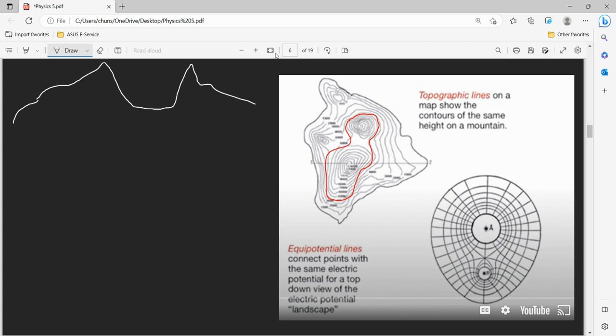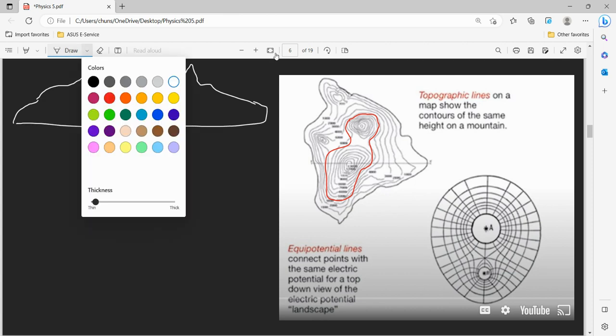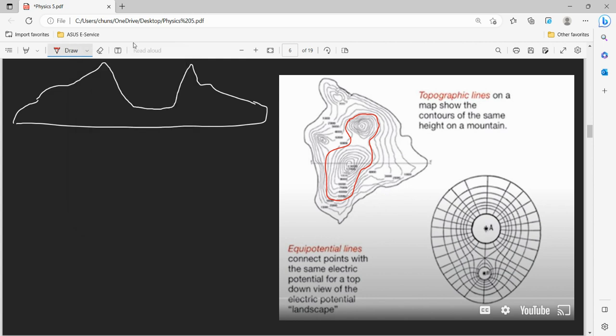So you can imagine this mountain looking something like this. It's kind of a bad sketch, but you can imagine how that would work. So if we drew our topographic lines, you could expect them to look something like this. If you view it from above, that's what it would look like. It'd make those joining lines.